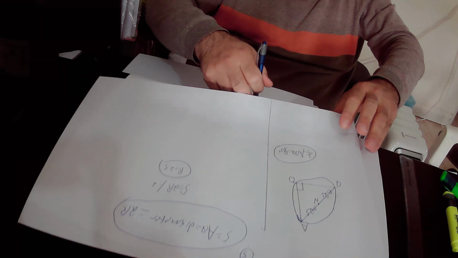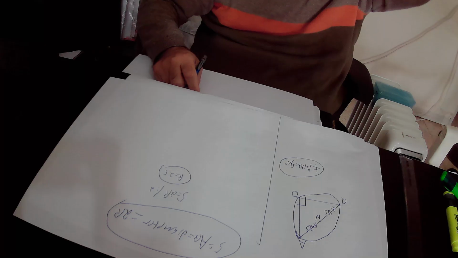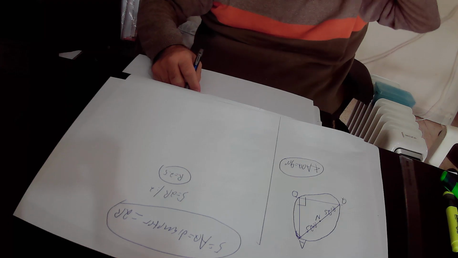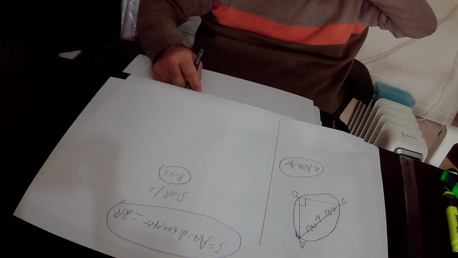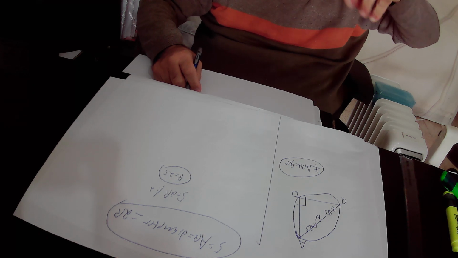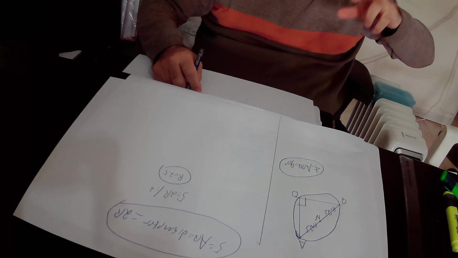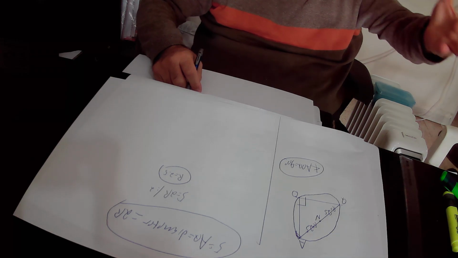Okay, now we know that QA is the diameter of the circle. And we also know that the center of any circle is located in the middle of the diameter. Again, the center of any circle is located in the middle of the diameter.